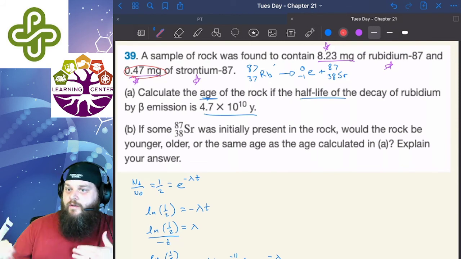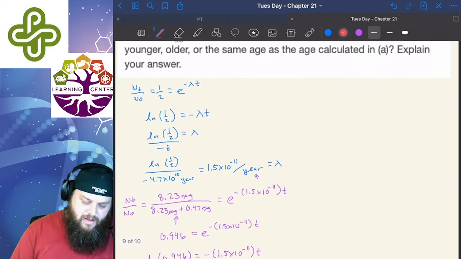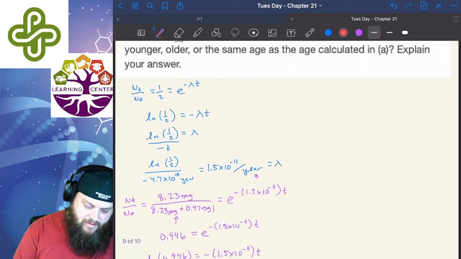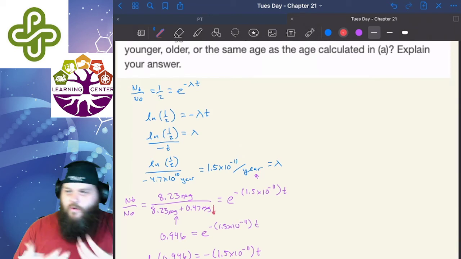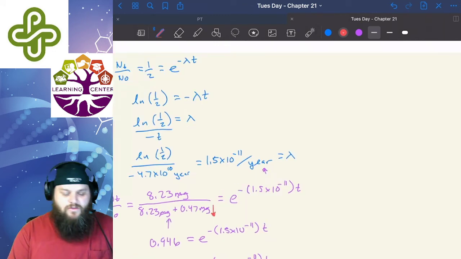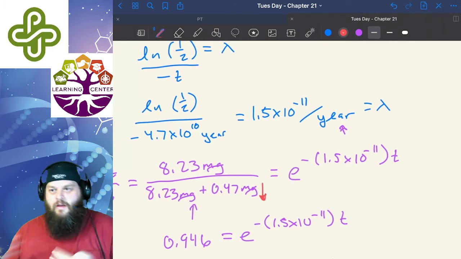Are we over? Are we younger? So really what we're looking at is this number here, right? This number is going to go down, because that number in our equation was how much of that rubidium had already turned into strontium.